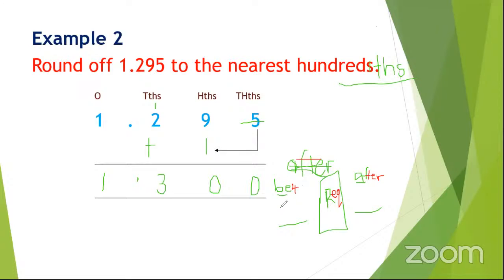And the rule says zeros after the required place values. That means if you find a 0 here, we don't write it in decimal numbers. Then the thing is, we also have a 0 under the required place value.